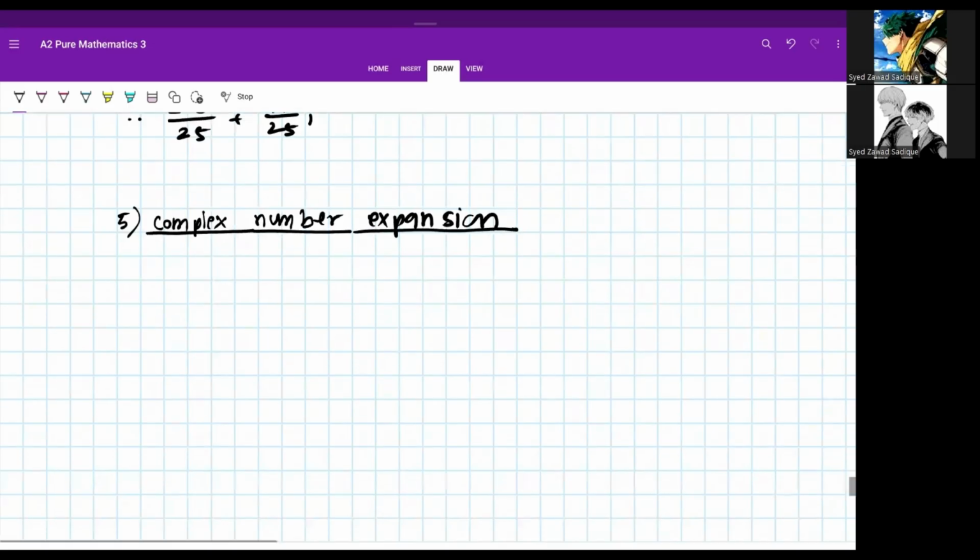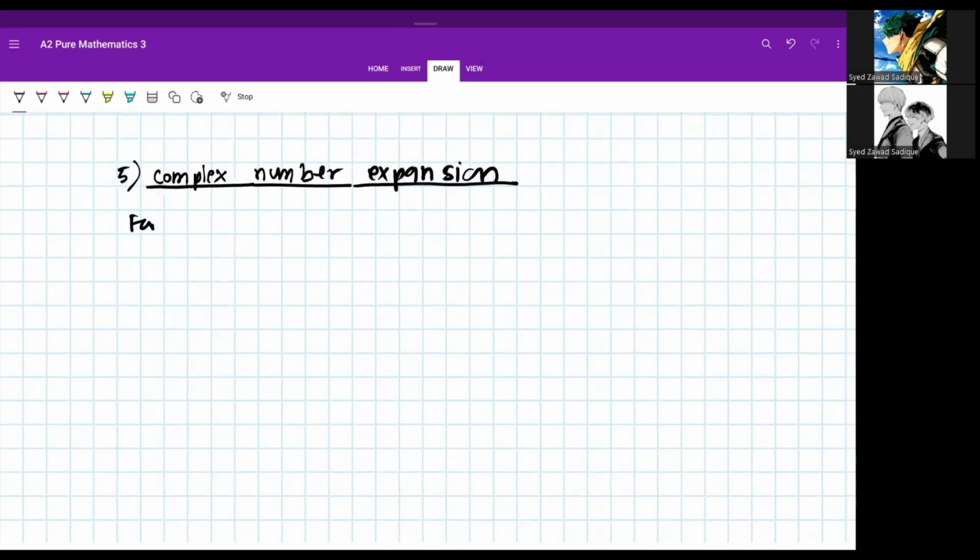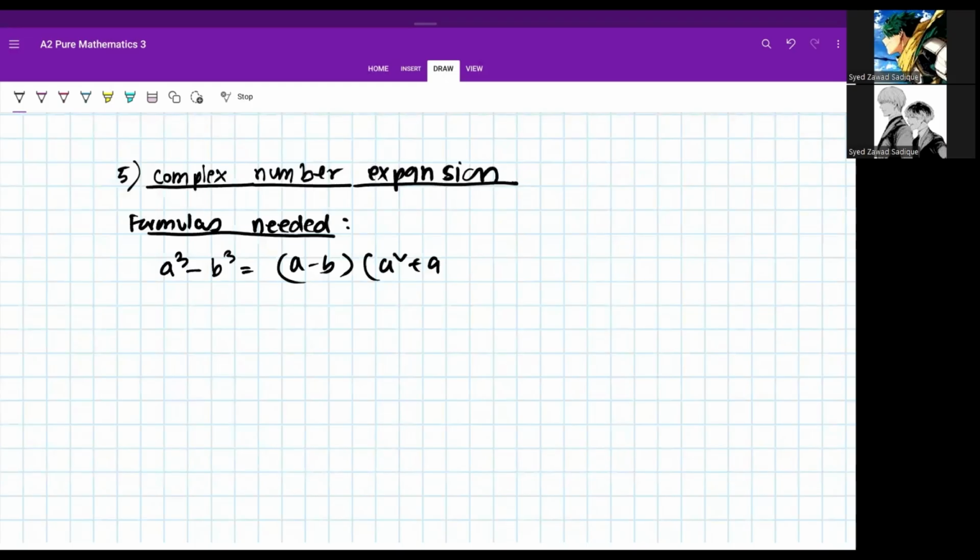Now, there are two formulas needed. a cube minus b cube, which is a minus b times a square plus ab plus b square, and a cube plus b cube, which is a plus b times a square minus ab plus b square.